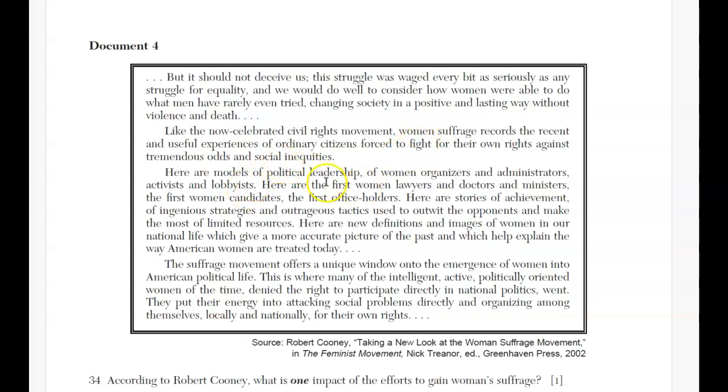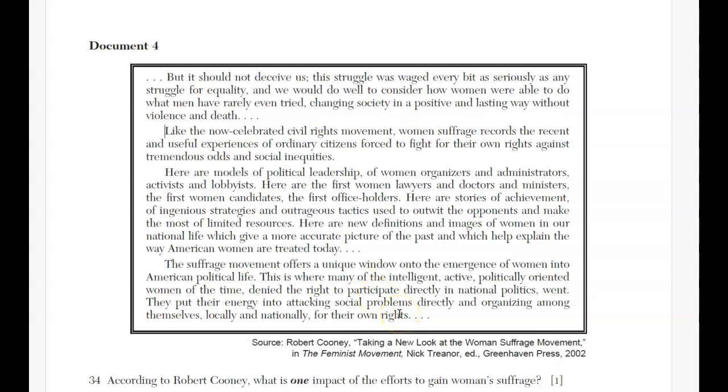Here are models of political leadership, of women organizers and administrators, activists and lobbyists. Here are the first women lawyers and doctors and ministers, the first women candidates, the first women office holders. Here are stories of achievement, of ingenious strategies and outrageous tactics used to outwit the opponents and make the most of limited resources. Here are new definitions and images of women in our national life, which give a more accurate picture of the past and which help explain the way American women are treated today.